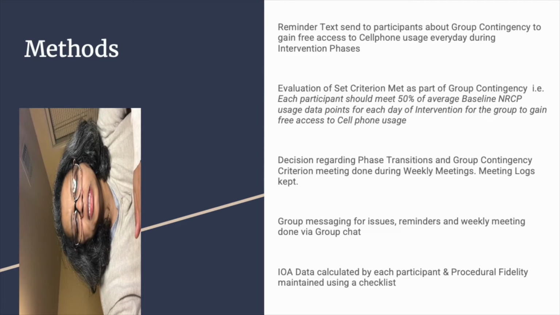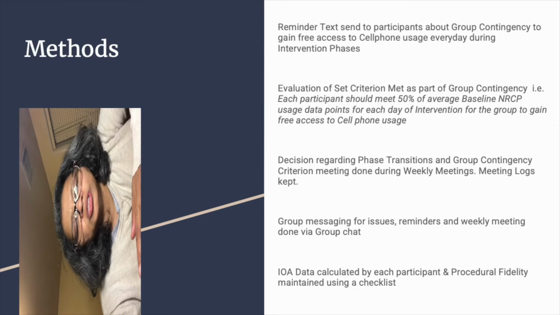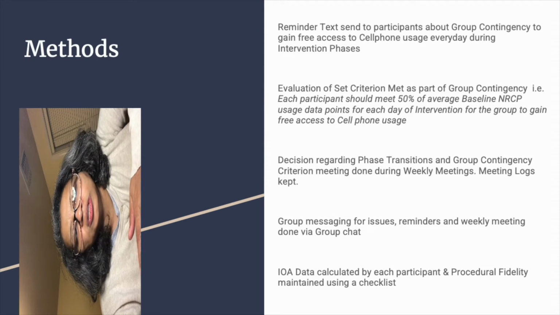The criterion was that each participant should meet 50% of the average baseline non-work related usage data points for each day of the intervention. Only then the whole group can gain free access to cell phone usage. That was the contingency, and that is what was sent as text reminders to the participants during each day of the intervention phase.